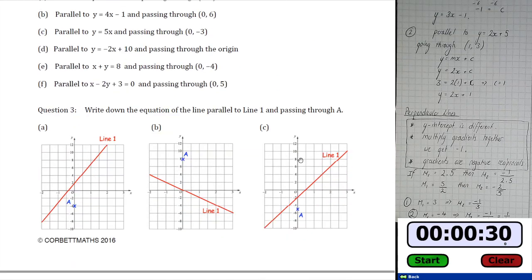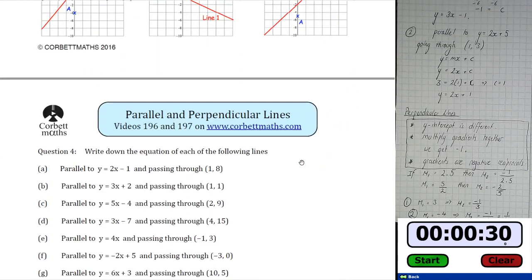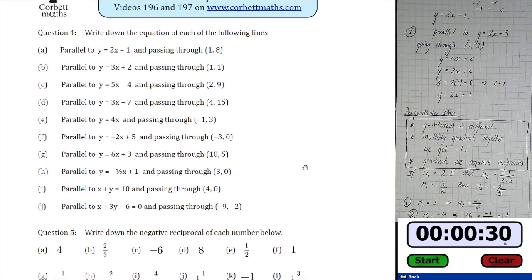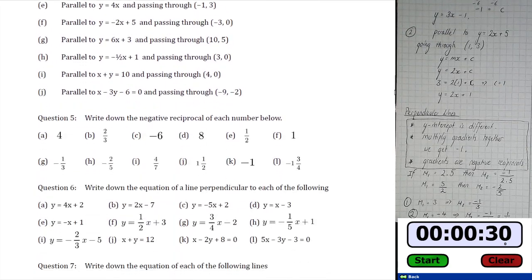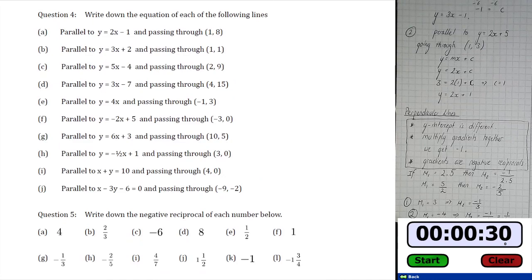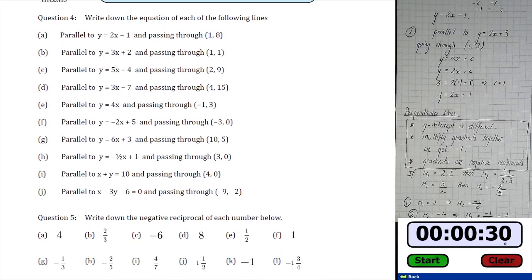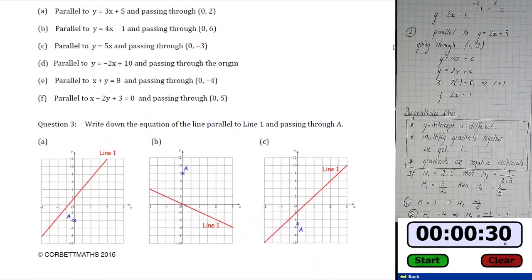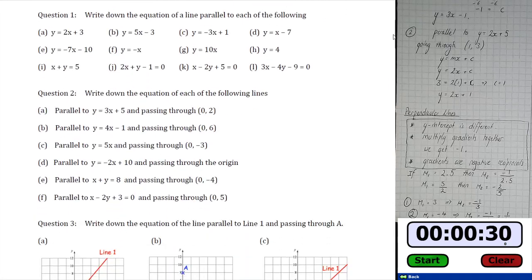What we've done today, you would be able to do any of the stuff that's in this exercise up to question 5. So finding equations of lines which are parallel to these, we can just have the same gradient, different y-intercept.